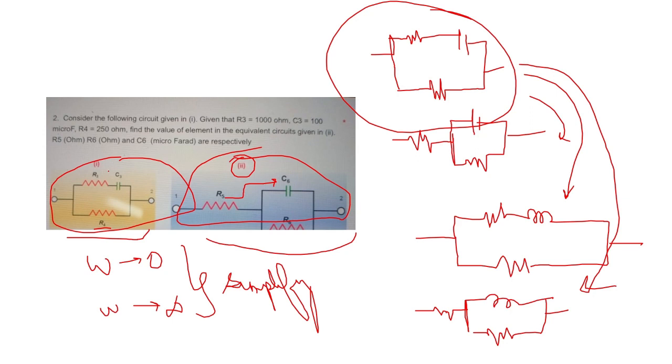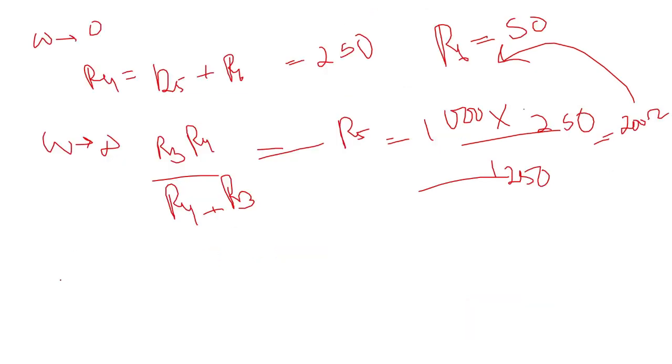Now, circuit 1, what is there? What is the impedance over here? Impedance over here is R3 plus 1 by j omega C3, right? Now that is in parallel to R4. So I'm dealing with circuit 1, I'll use a subscript 1. Because they are in parallel, I am taking the reciprocal.